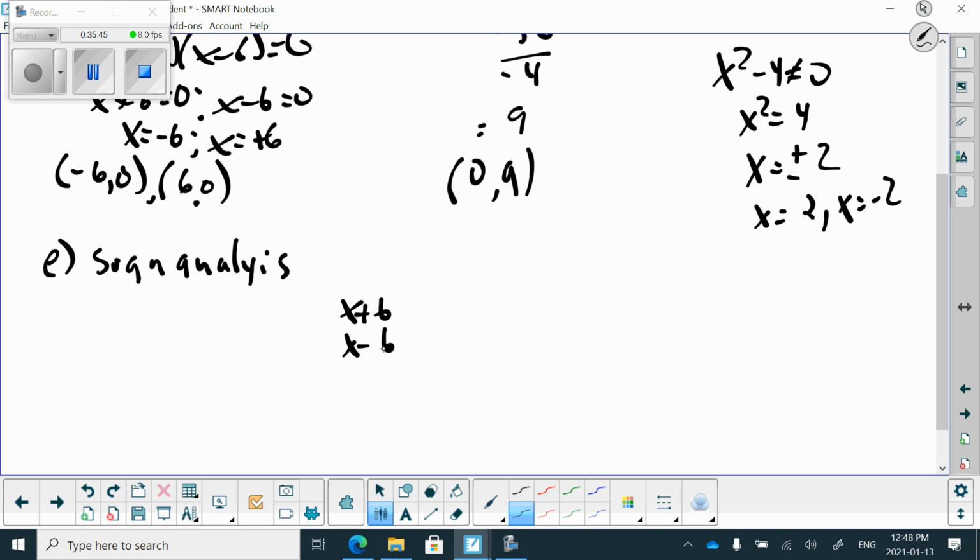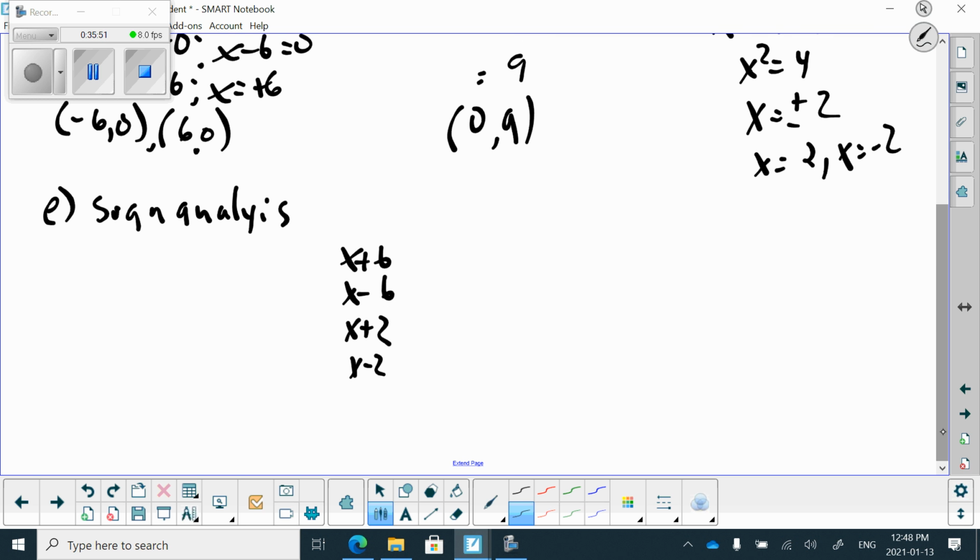X plus 2. Yep. And again, I'm not concerned about the scale of your number line here, but just mark off where we're going to get 0, by putting in the values for x that make our factor 0.